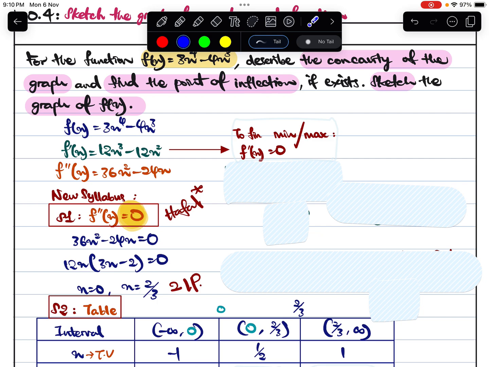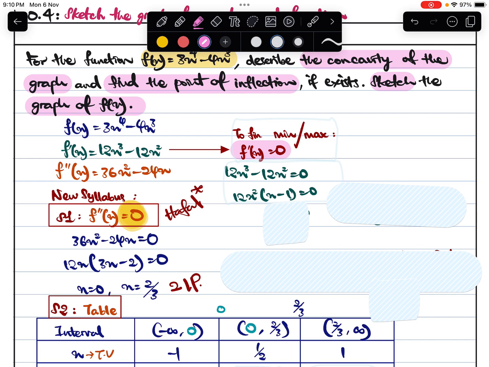In order to find its minimum or maximum point, I know all of you understand that we need the first derivative, in which it must be equal to 0. And then this is your first derivative equal to 0, and you will have a new value of x. Okay, this is your value of x, and of course you will also need to find the y value, and it will give you a coordinate.